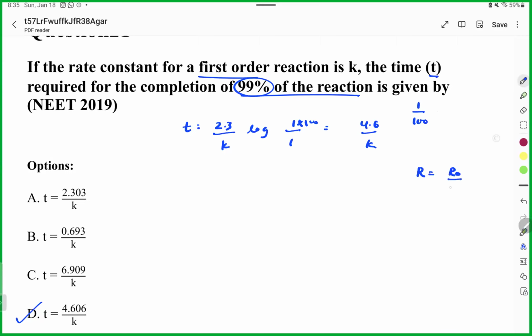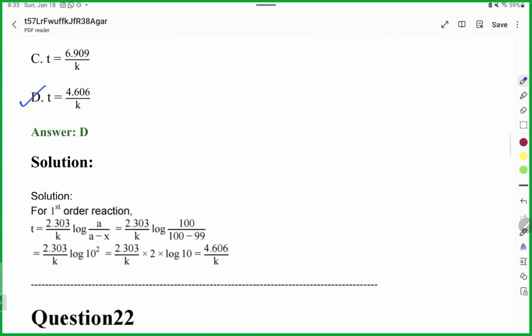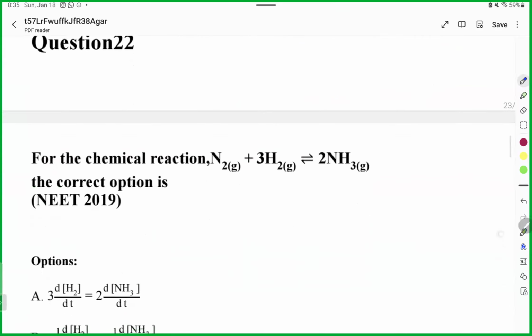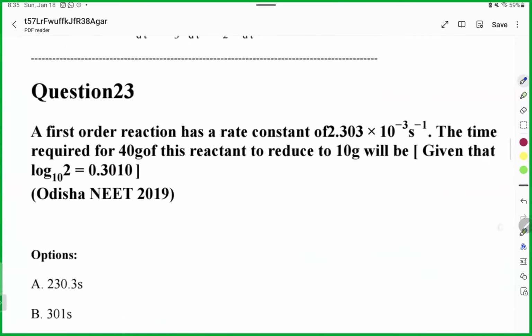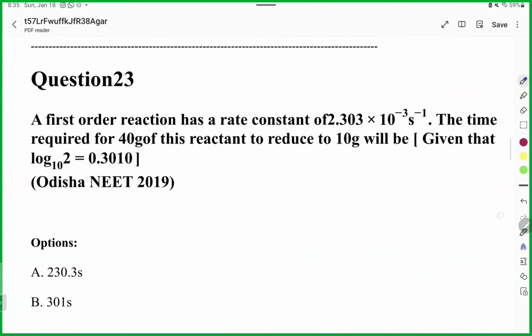Initial 100 part of the one reaction. Correct? So if you put value, this is the answer. Any doubt, guys? No, sir. This we already did. This you can do.